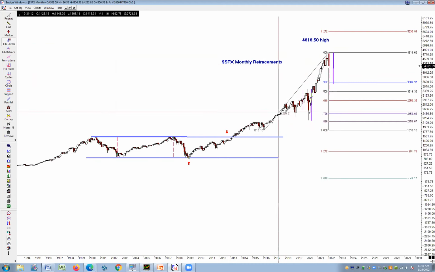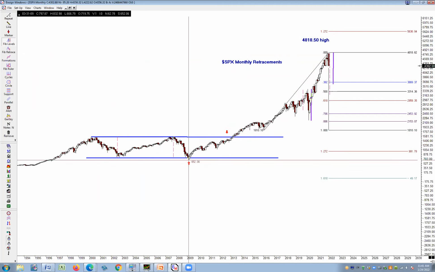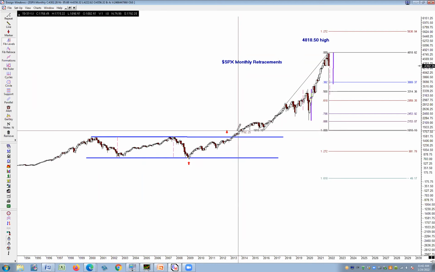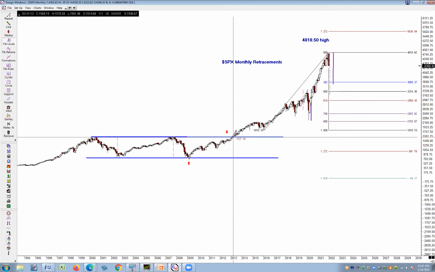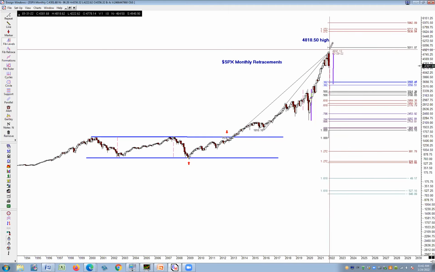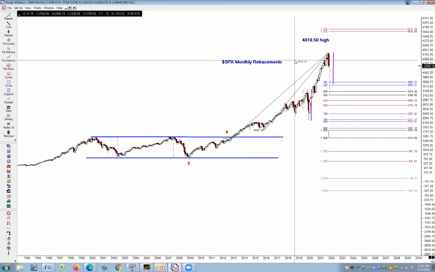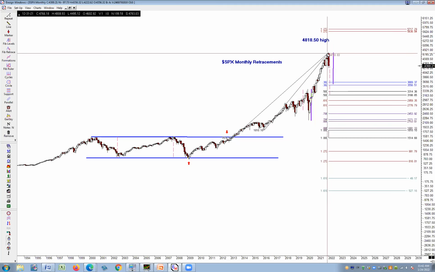The other place I see for retracement is here, and this is the 2013 upside breakout. Sometimes instead of going down to the lowest point, which you can do, also look at, again, where these breakout moves occurred. That's pretty close. These 382s are pretty close.